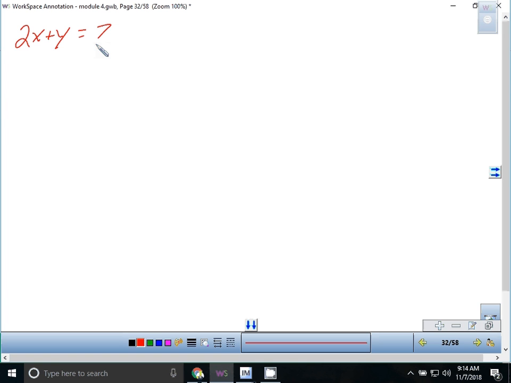Leave a little bit of room between each one, okay? Let's say y equals 3x minus 8. Let's say y equals negative x plus 2.